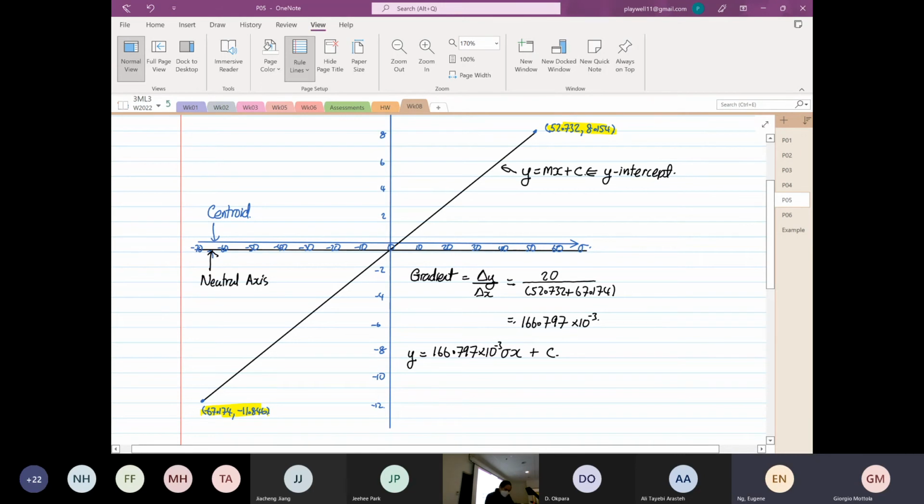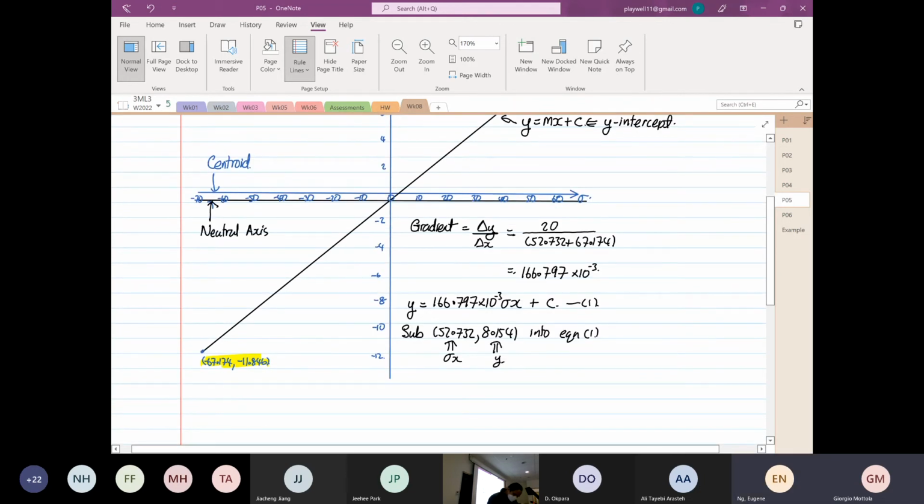Okay, so now we need to substitute. I call this equation 1. Okay, we substitute 52.732, 8.154 into equation 1. So we are aware that this is our stress x value, this is our y.